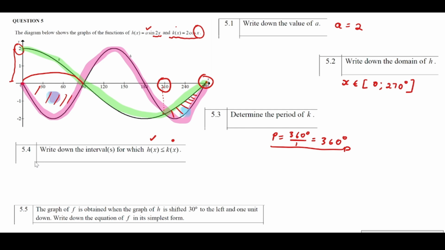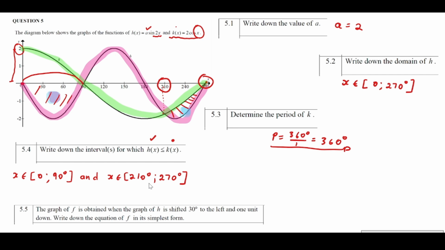So how are we going to write this mathematically? We're going to say that it is below where x is an element of, let me just write this correctly, from 0 degrees up until 90 degrees, and also from 210 degrees up until 270 degrees.